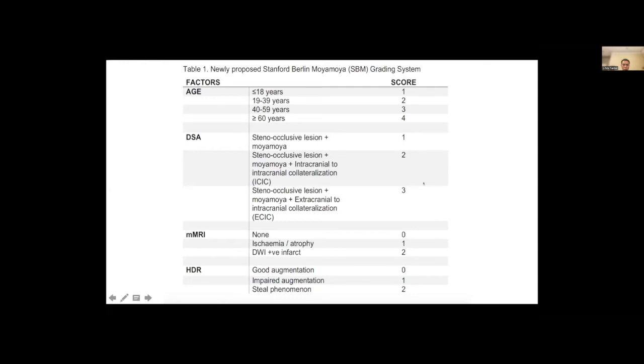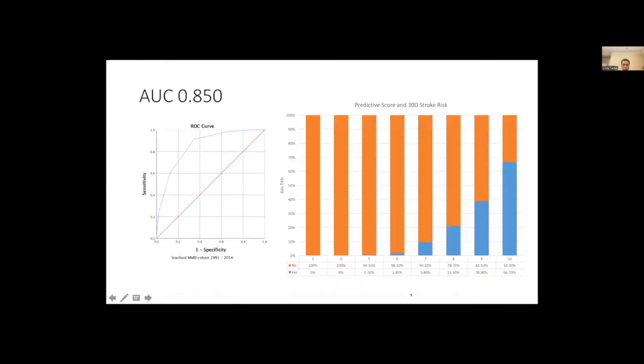So you can see for this, there will be a total of different numbers of scores, and I'll show you the applicability in a minute.